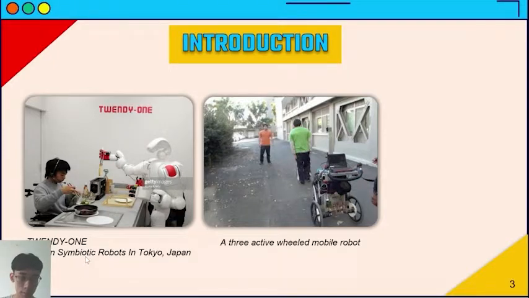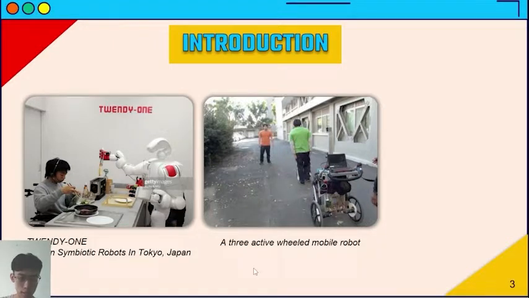The sympathetic robots can do simple work like help people when they have lunch, have dinner, clean the house, talk with young children and needy people.